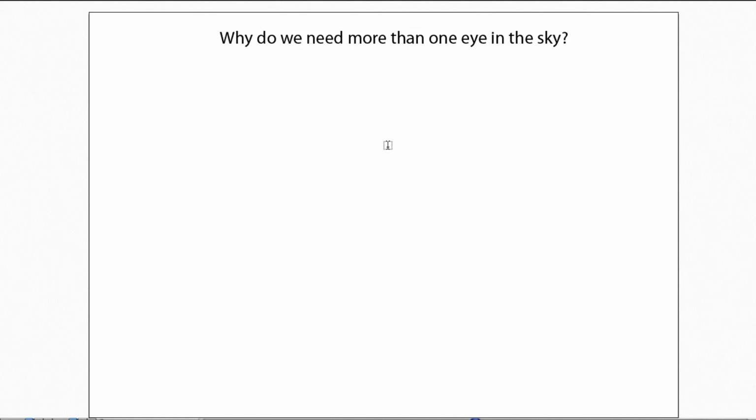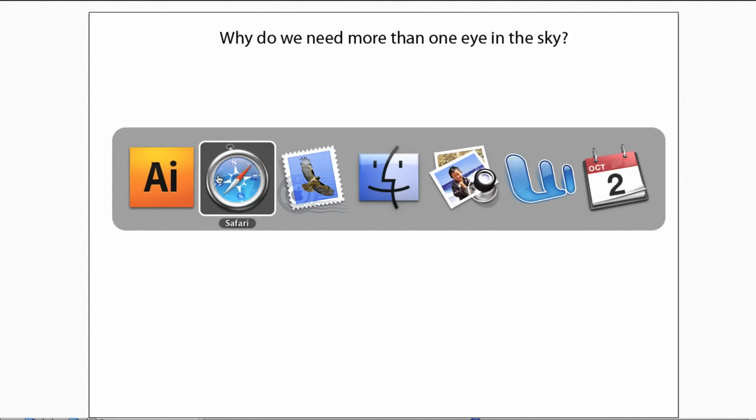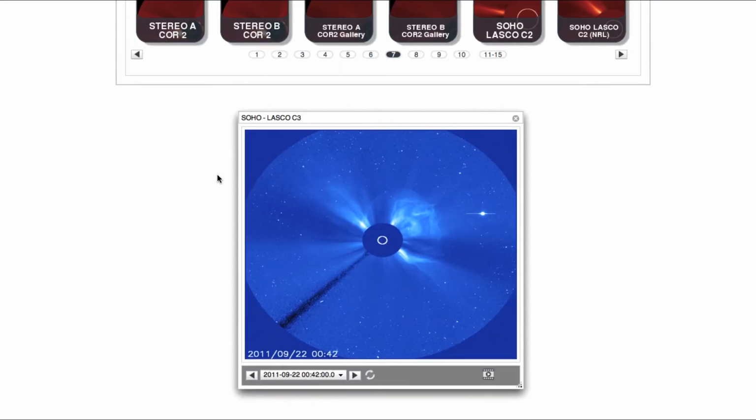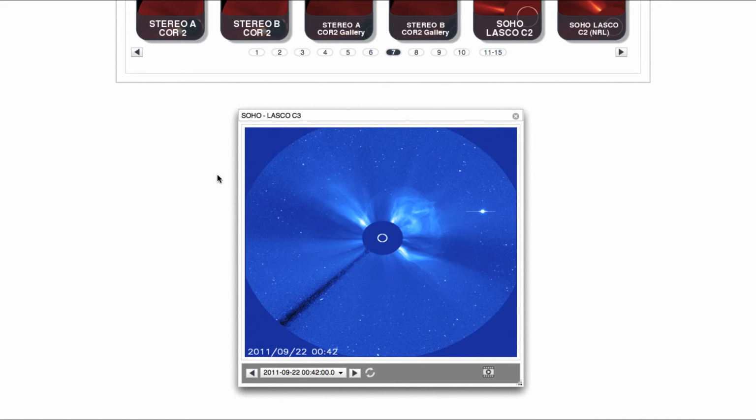But we will look a little bit more in detail how this plays out in terms of chronograph imaging of CMEs. To set the stage for this tutorial, let's take a look at actual chronograph imagery. This is imagery taken by the LASCO C3 chronograph on board the Solar and Heliospheric Observatory located at the Lagrange 1 point.